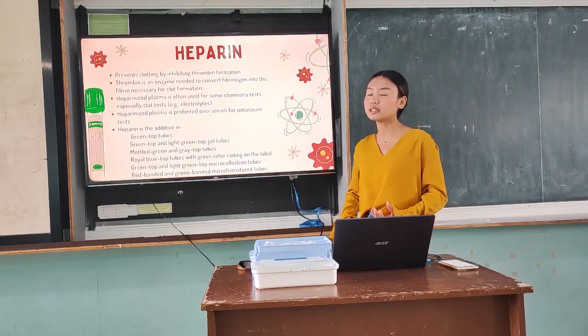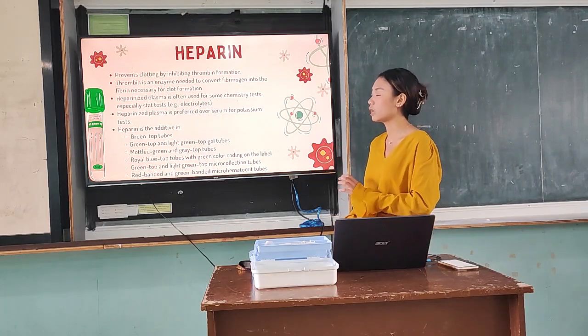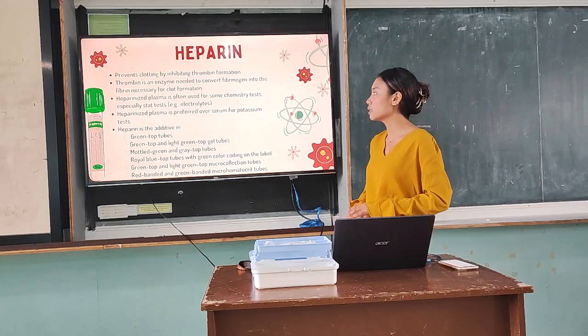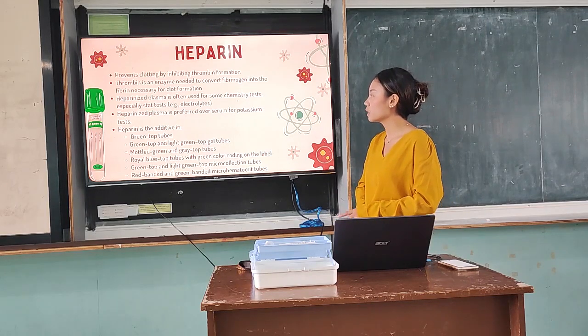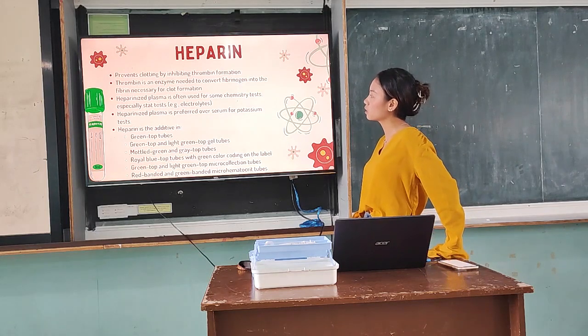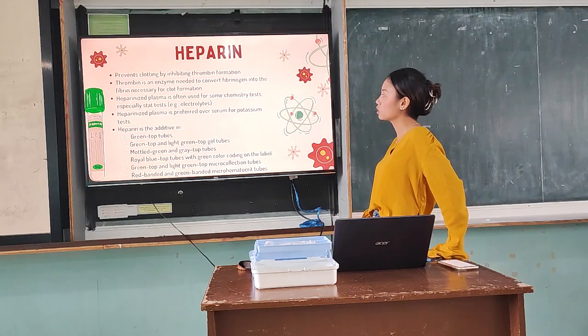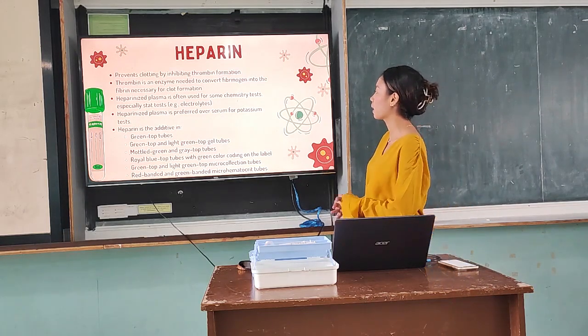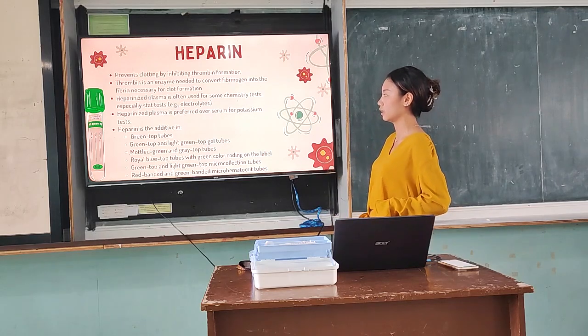Unlike kanina na whole blood yung specimen natin, dito hindi dapat magkaroon ng clot, even microclots. Whereas dito naman, necessary siya for clot formation. Heparinized plasma is often used for some chemistry tests, especially stat tests.